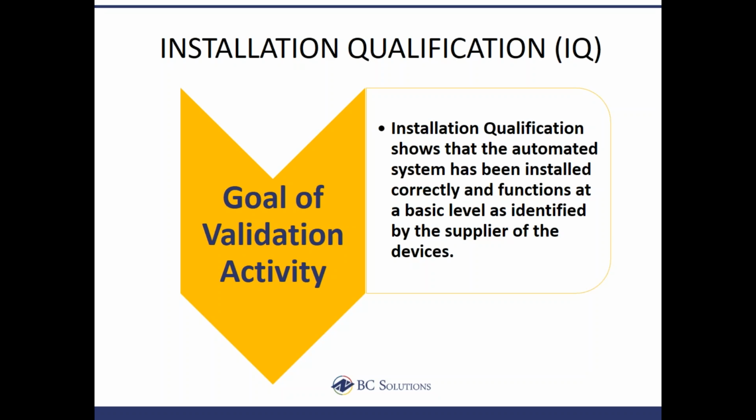So the goal of IQ, installation qualification, is to show that the automated system has been installed correctly and functions at a basic level as identified by the supplier of the device. So if you're qualifying a barcode reader, which we all are using a lot of these days, barcode scanners, barcode readers, however you call it.